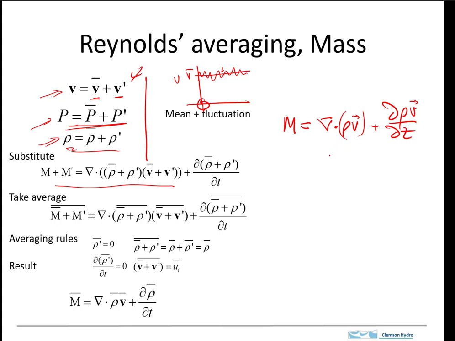And what we've done then is just substitute in. So m is the average plus the perturbation or the fluctuation, and then the density is the same, and the velocity is the same, like that. And so those just are expanded.